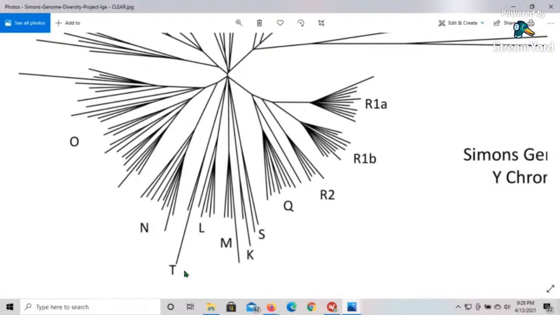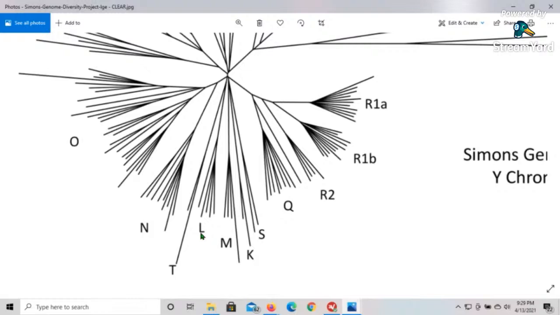It turns out that they seem to be the Javan early Greek sea peoples, which later became part of the Phoenician group that, of course, mixed with the Jewish people and even went to America, as we just saw. So the T will be the Javan.